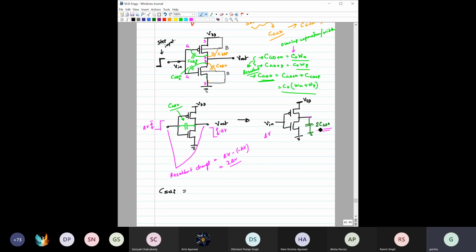Here we have seen it is basically 2 times CGD naught, so definitely we can add here 2. So it is 2 C naught, then Wn plus Wp. What else? What about these two? What is this capacitance due to?